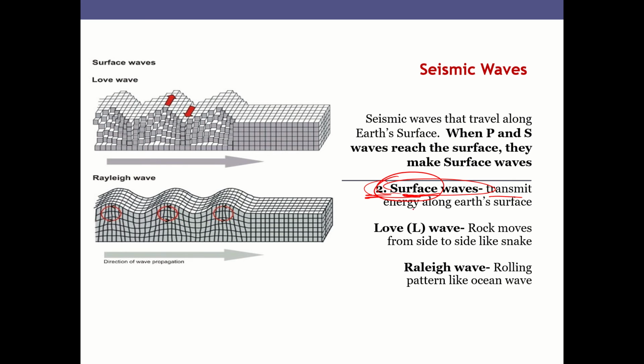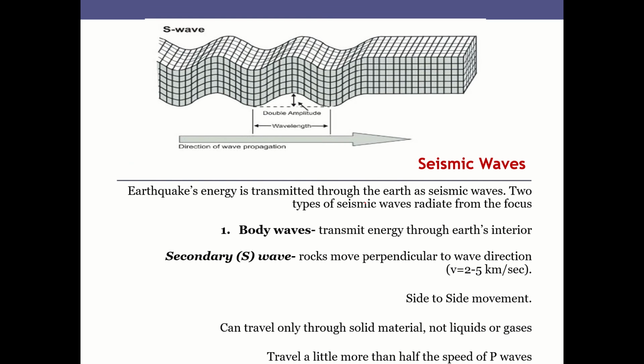It transmits energy at the surface level. The energy is actually transferred at surface level, and most of the issue we are concerned with is the energy released at the surface level.